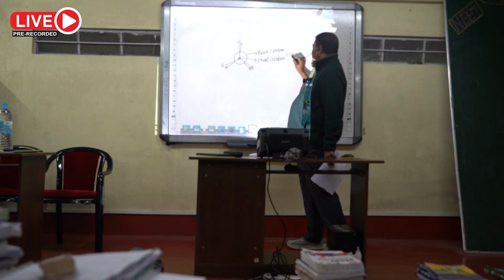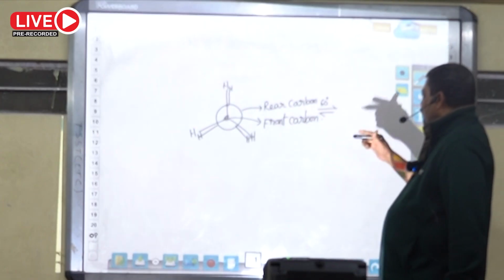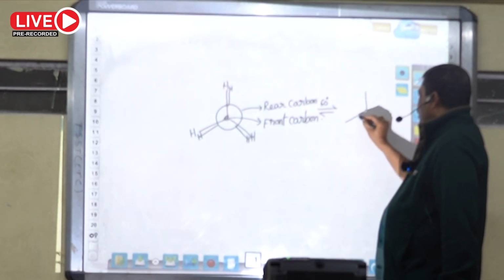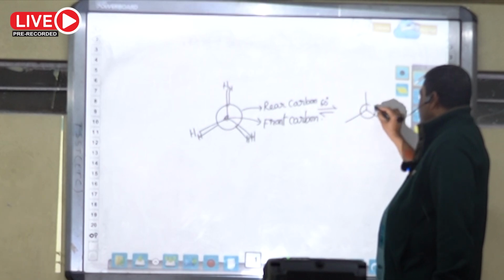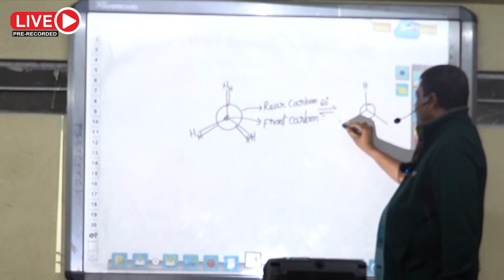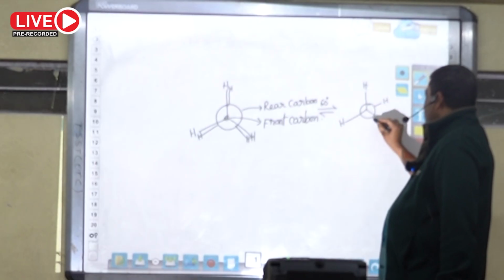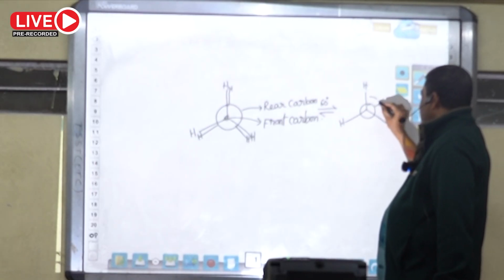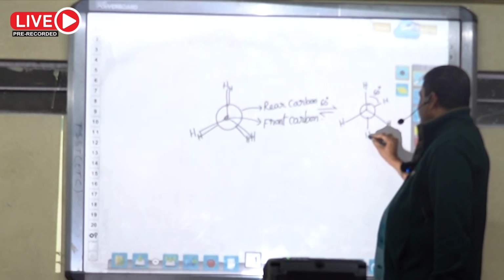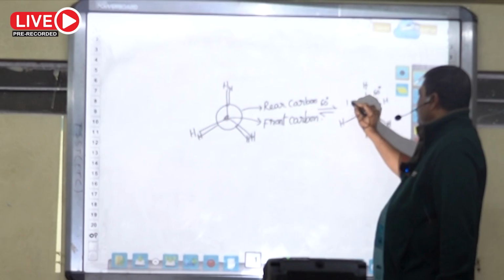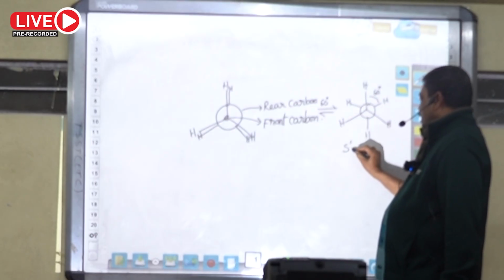If it is rotated 60 degrees, this will remain constant, the front carbon. The hydrogens will move like this, then the dihedral angle is 60. It is called staggered.